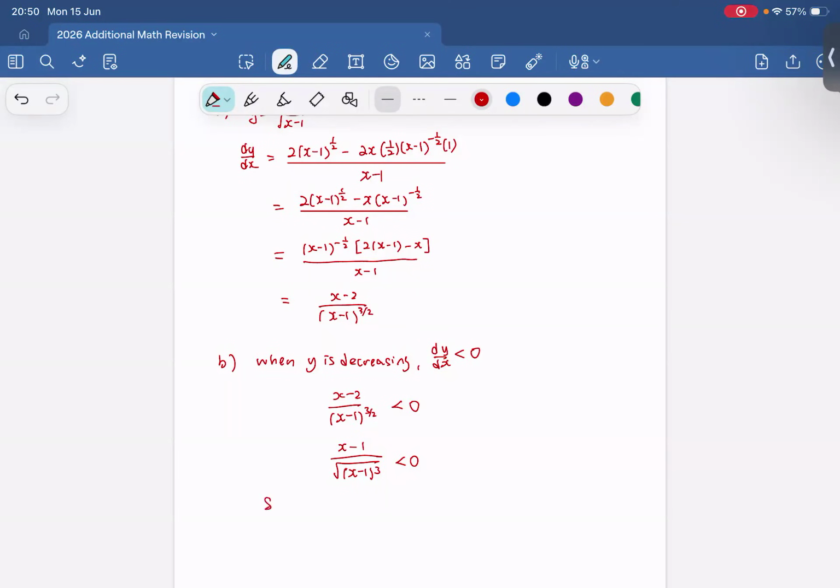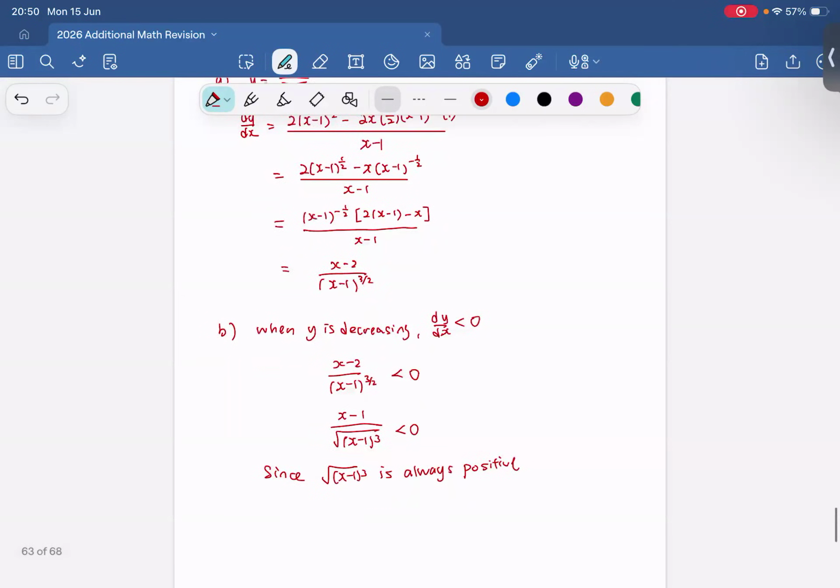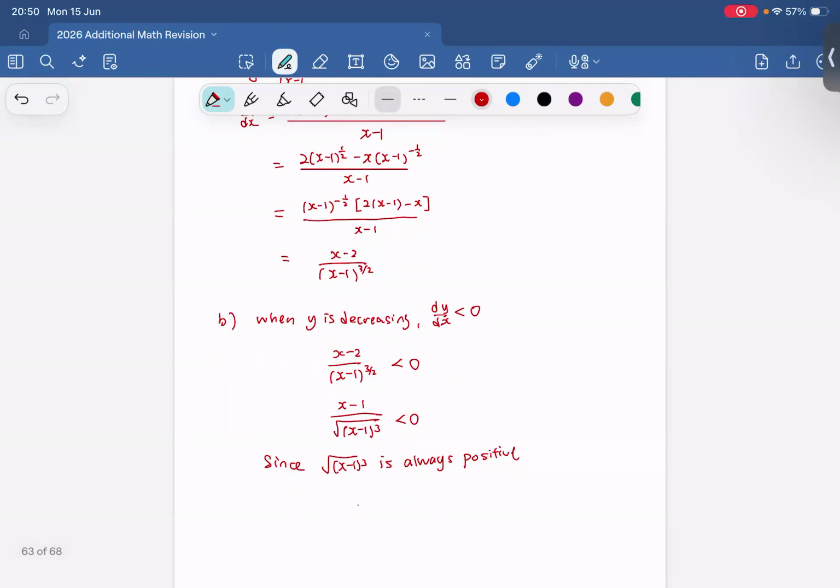I know that the denominator is always a positive number. So for the whole fraction to be negative, I need the numerator to be negative.